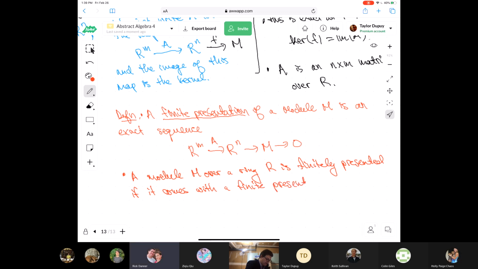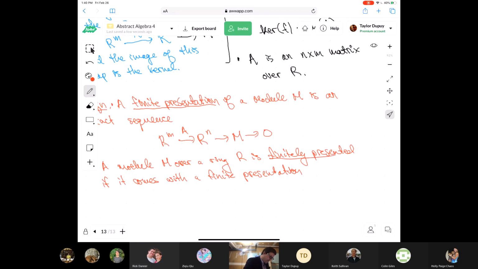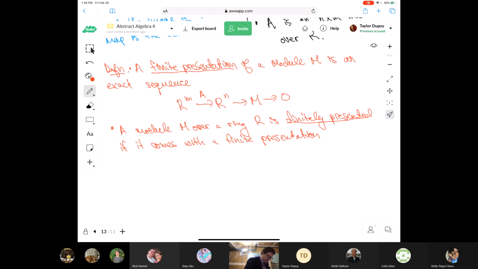Is that necessarily finitely generated then also? Yeah, finitely presented implies finitely generated, because there's this surjective map.